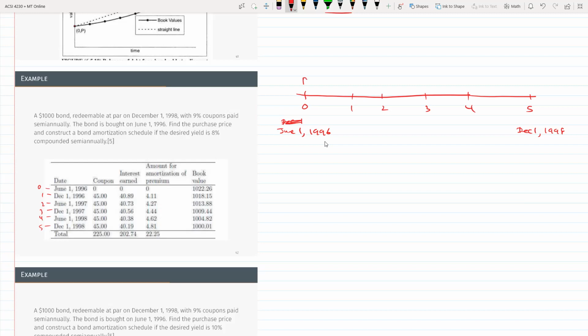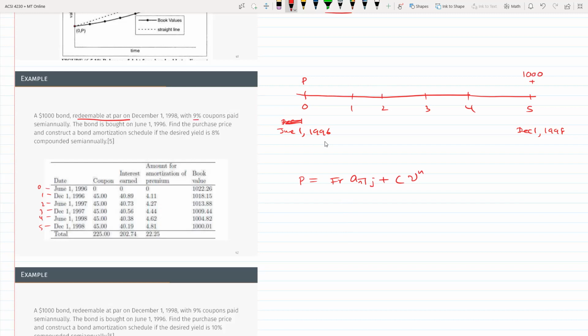Here we need to know the price. The price is going to be the coupon amount times a_n at rate J, plus C v^n. It's redeemable at par, so it's a par value bond of 1,000.